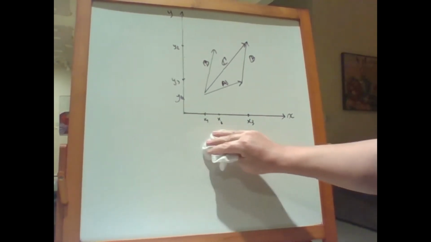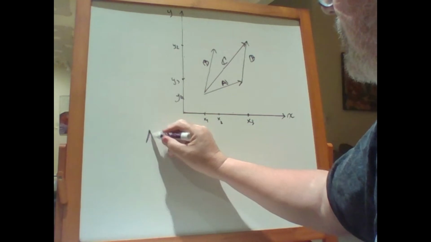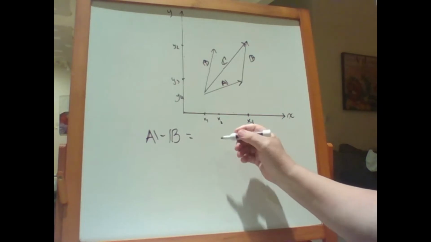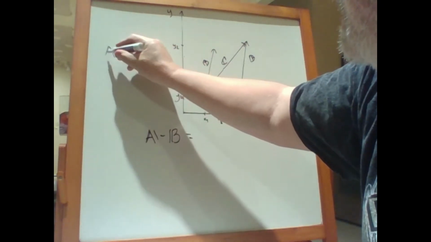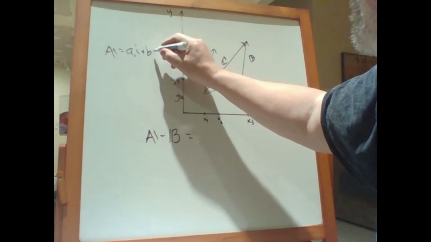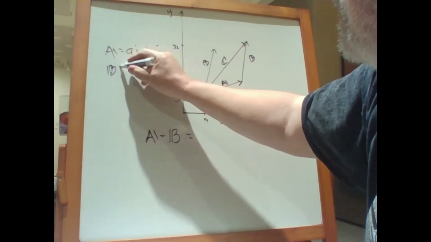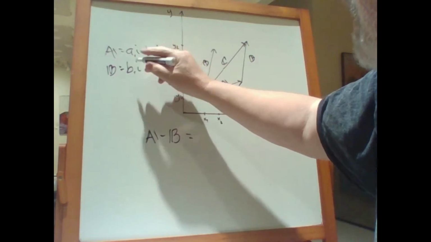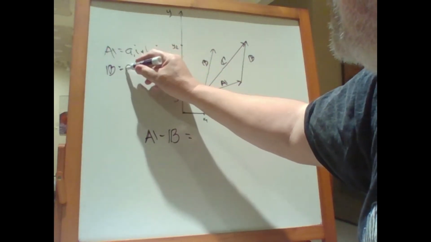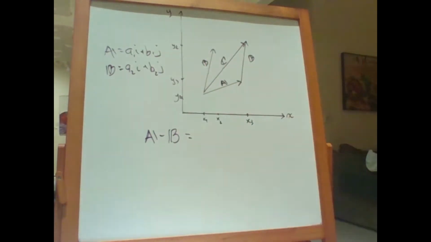And if we had something like a minus b, we'd have for a, we'll say a equals a1 i plus b1 j, and b is equal to a2 i plus b2 j.